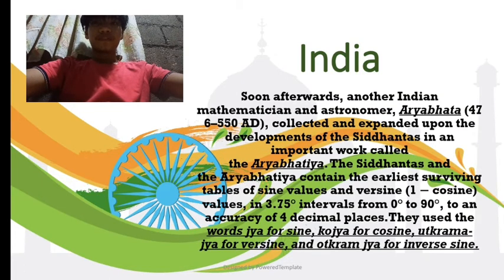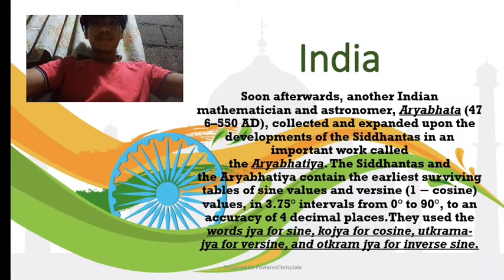Soon afterwards, another Indian mathematician and astronomer, Aryabhata, collected and expanded upon the developments of the Siddhantas in an important work called the Aryabhatiya. The Siddhantas and Aryabhatiya contain the earliest surviving tables of sine values and versine.